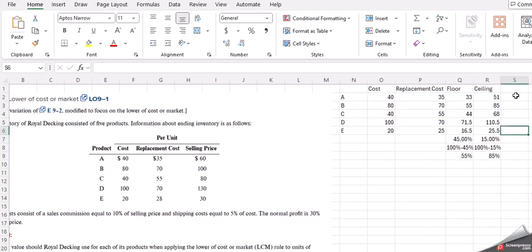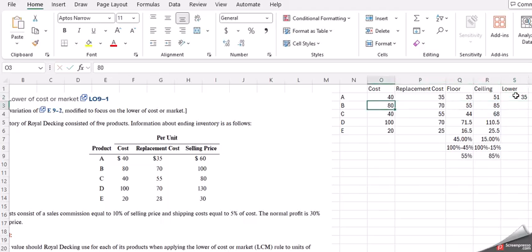So then as we look over and pick the lower of cost or market, paying attention to our floor and our ceiling, in this case it's going to be the market. Our cost is above the replacement cost, and the replacement cost is above the floor. So then 35 is what we're going to use.